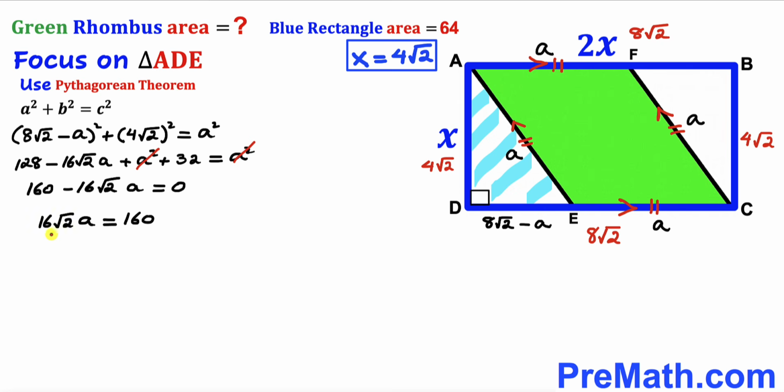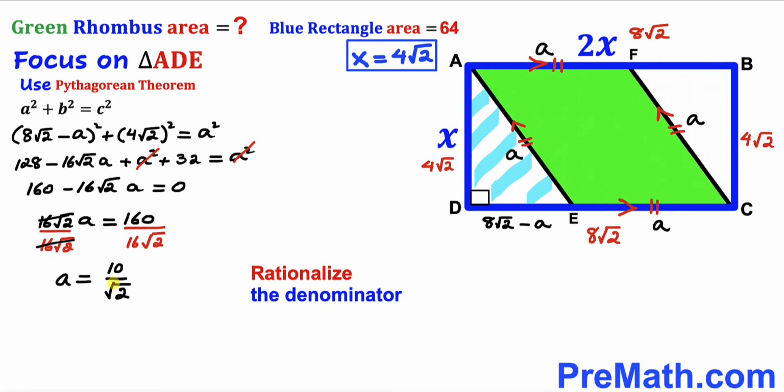Now I am going to divide both sides by 16 times square root of 2 to isolate a, and here we can see they are gone. So a value is going to be simply 10 divided by the square root of 2. Now we are going to rationalize this denominator by multiplying by square root of 2 and dividing by square root of 2 at the very same time.